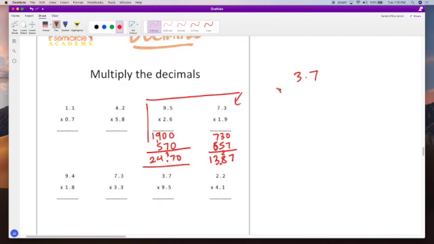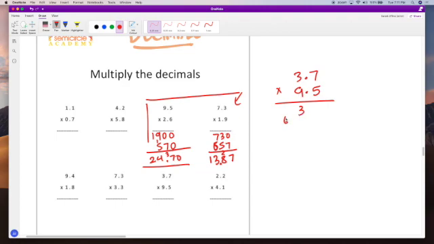3.7 times 9.5. And you see why, Sarah, I wrote it the way I wrote it initially. Because when you're talking about decimals, the decimals just have to line up. So shifting it one space kind of messes things up. But just remember, it's really about the distributive law. You're multiplying 37 by 90, and then you're multiplying 37 by 5. So 7 nines are 63.